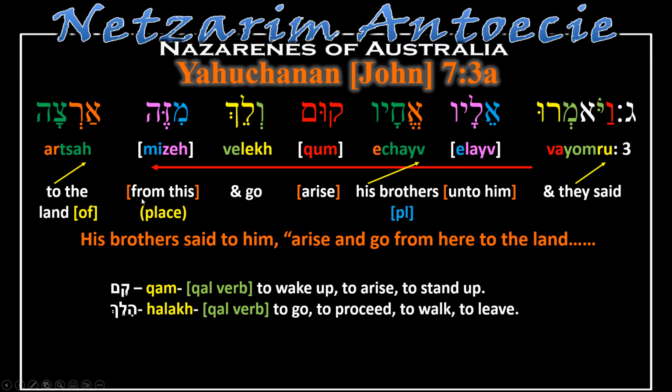Mi-zeh, literally it means from this, and I've added place, from this place. Artsa, to the land, and I've added of. Why is it to? Because the hey at the end is actually a directional hey, so it means to the land. So his brothers said to him, arise and go from here to the land.